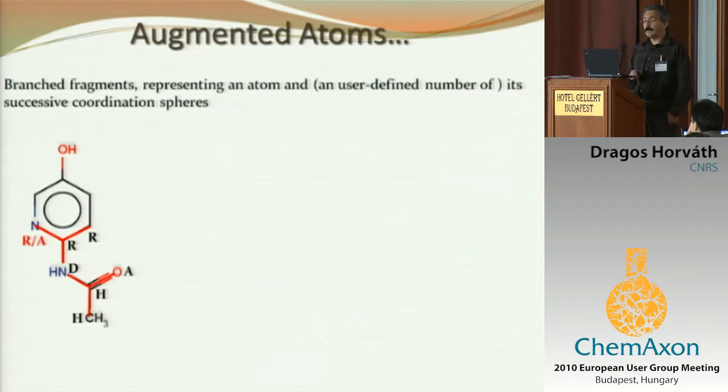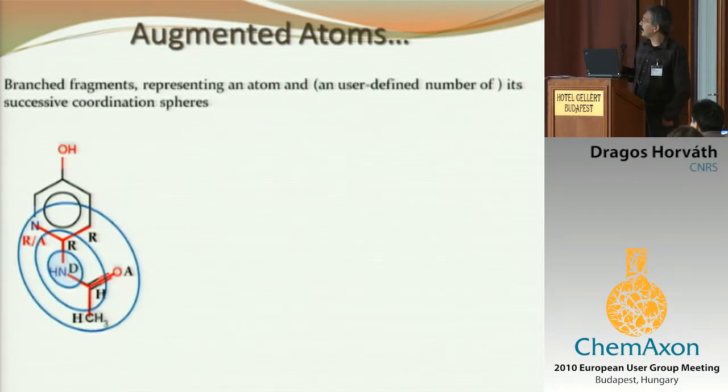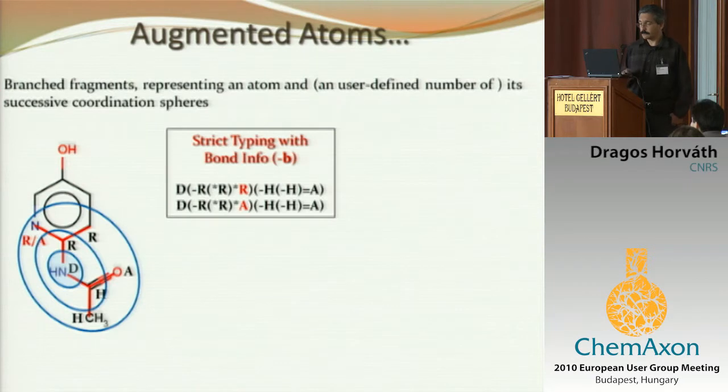Now, augmented atoms are, as I said, branched fragments which are centered on an atom, and they include successive coordination spheres, a little bit like in Pipeline Pilot circular fingerprints, but it accounts for the topology, so for the nature of the bonds as well.